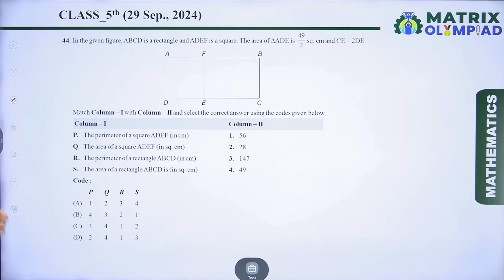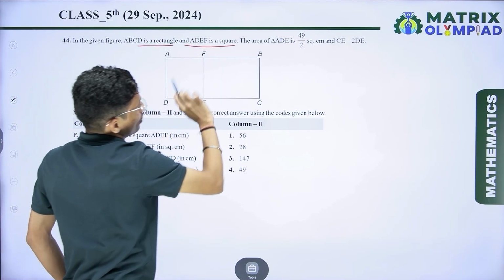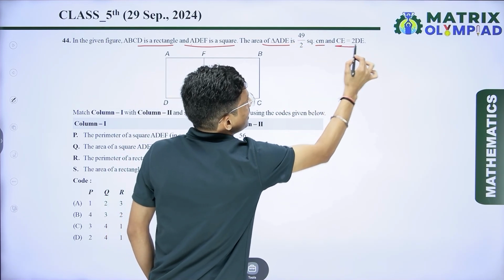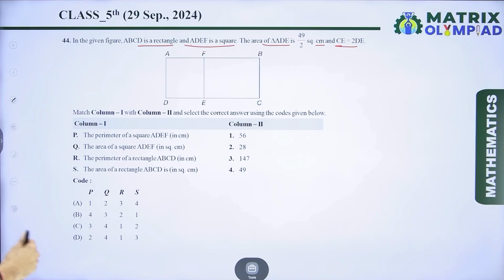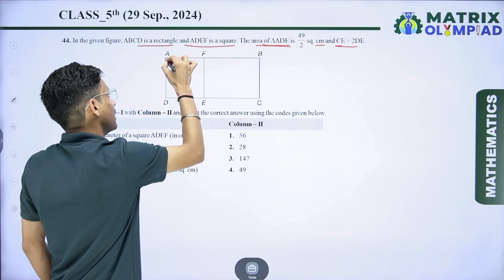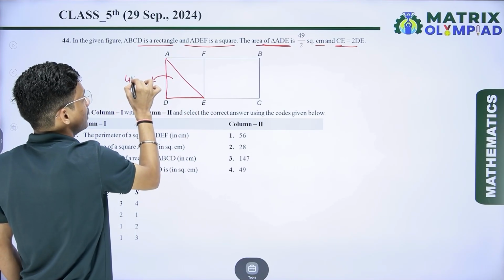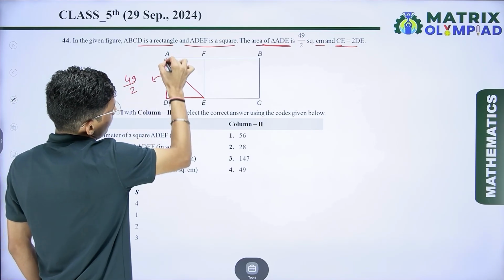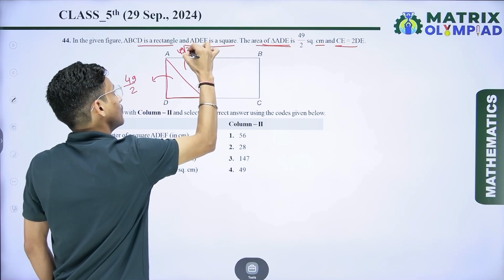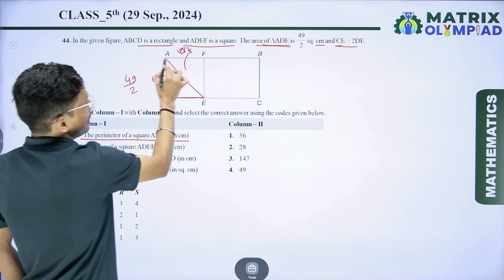Now the next question is that in the given figure, ABCD is a rectangle and ADEF is a square. The area of triangle ADE is equal to 49 upon 2 square centimeter and CE is equal to 2 times DE. So first, the given area of triangle ADE is 49 upon 2, and ADEF is a square, so its area is 49. Now the first option, the perimeter of square ADEF.